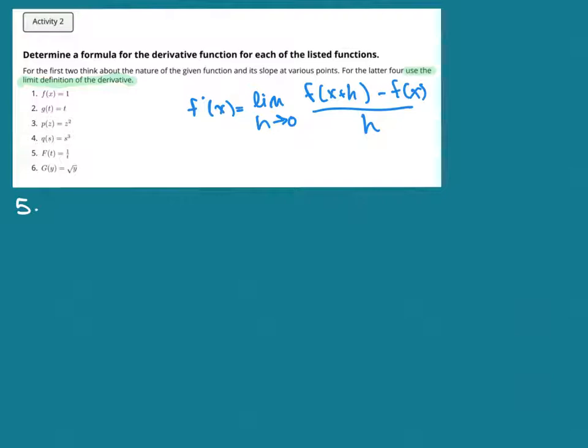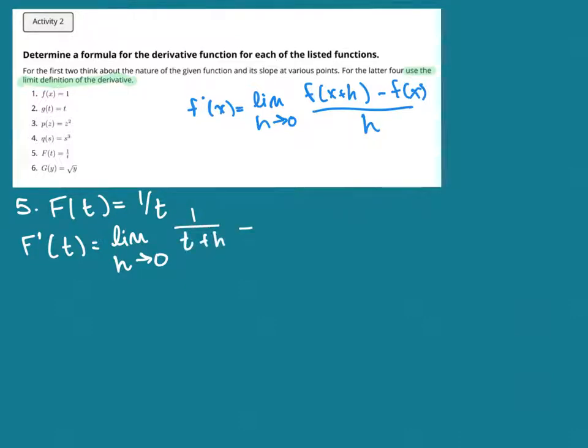Number 5, we have this function f of t is equal to 1 over t. So as we set up our derivative, f prime of t is equal to the limit as h goes to 0 of 1 over t plus h minus 1 over t all over h. Whoo-wee! Okay, so gut reaction here.